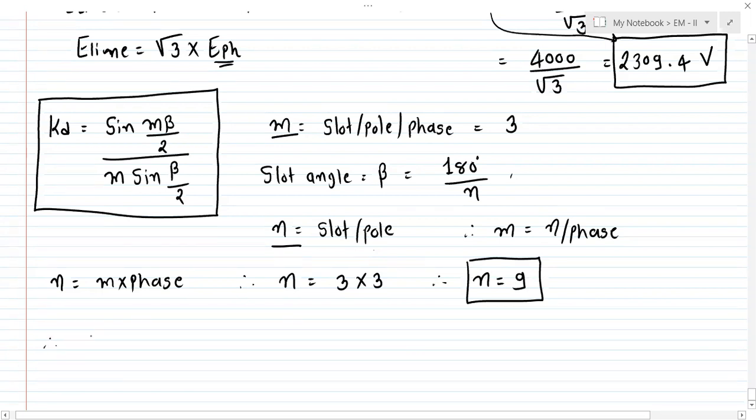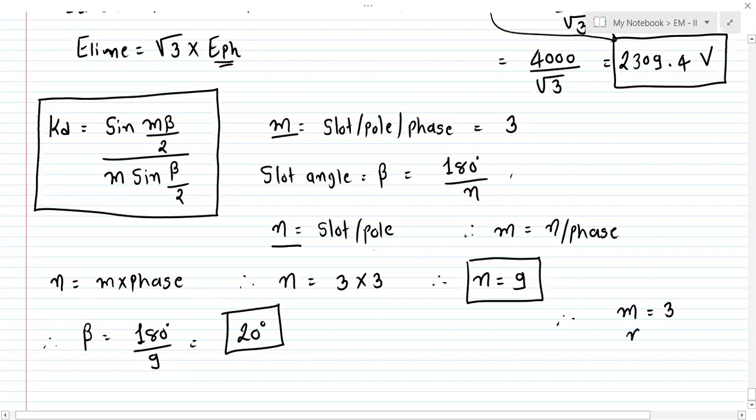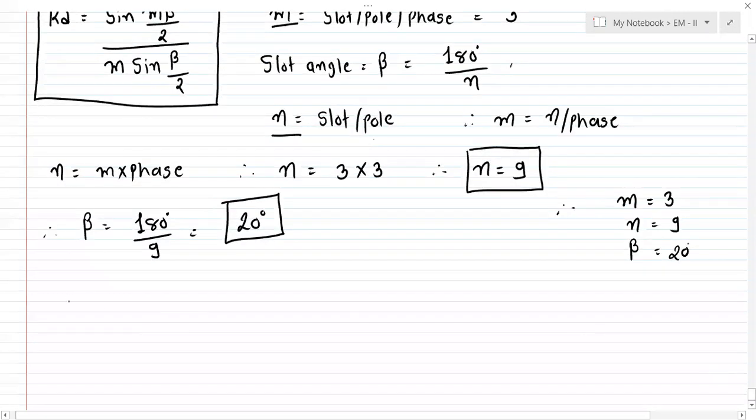And from that I get the value of beta. Beta is equal to 180 degrees by 9, which is 20 degrees. Let me write it down: m is equal to 3, n is equal to 9, and beta is equal to 20 degrees. Put the value of beta and the value of m in the equation of KD.